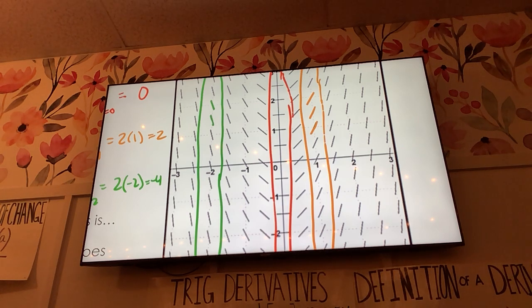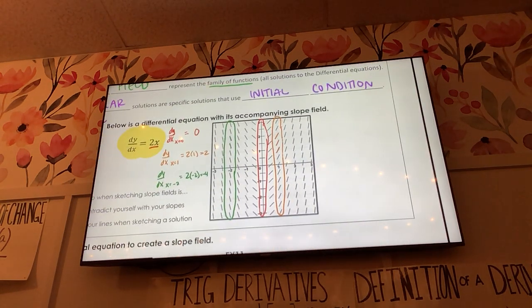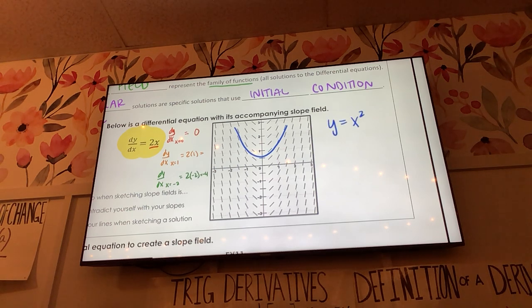Derivative creates the slope field. The slope field is a representation of the solution, the general form. And so looking at this slope field, I can say, oh, it looks like a quadratic. Because your general form is going to be x squared plus c.